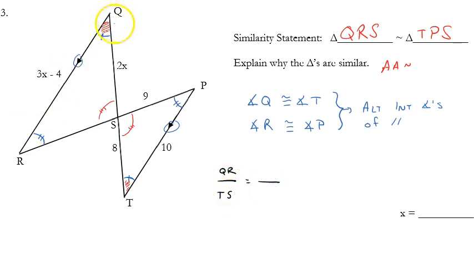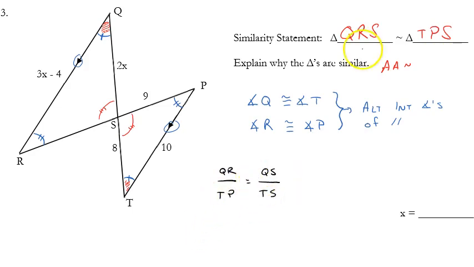The other side I need to compare is side QS, because that has my other x. Well, that is in the same triangle as QR, so I have to be consistent with my numerators, and QS corresponds with TS. I got the first one wrong. QR is to TP, so that should have been a P.